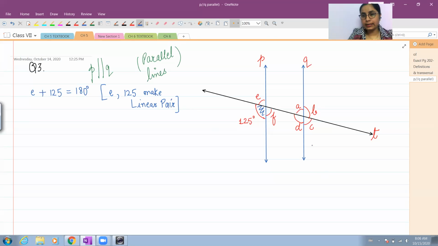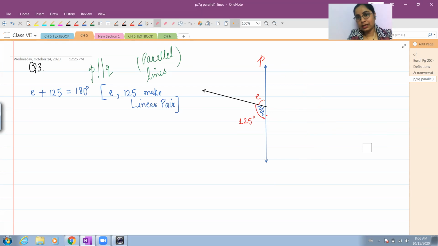Can you see this straight line P? Let me just erase this portion, then you will be able to identify. Now see, P is a line, and there are two angles, a pair of angles on a line. Yes, ma'am. Right? So these are making a linear pair.